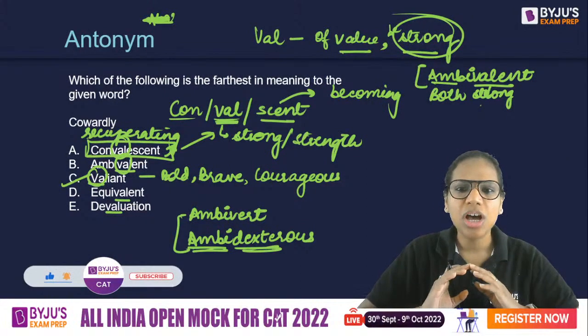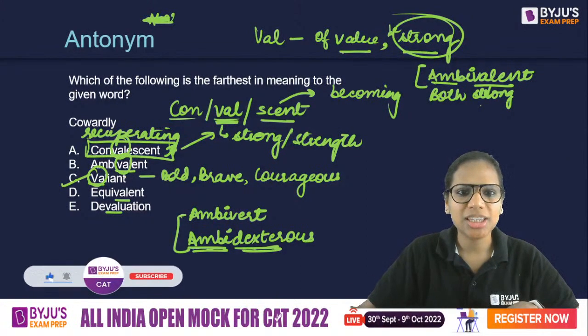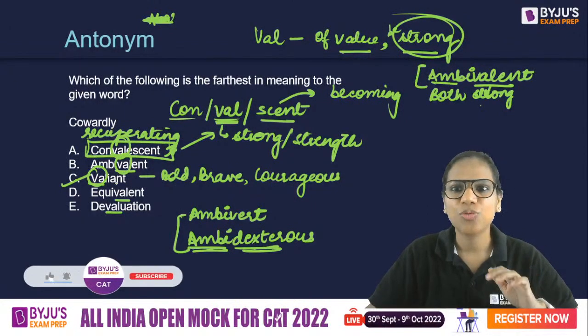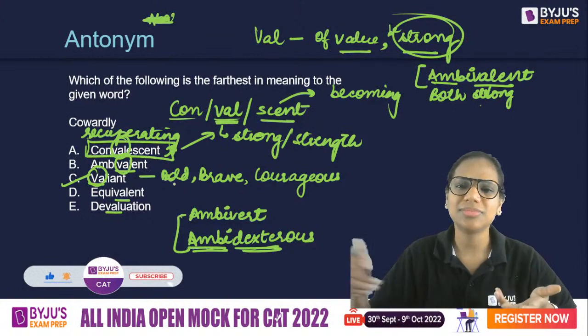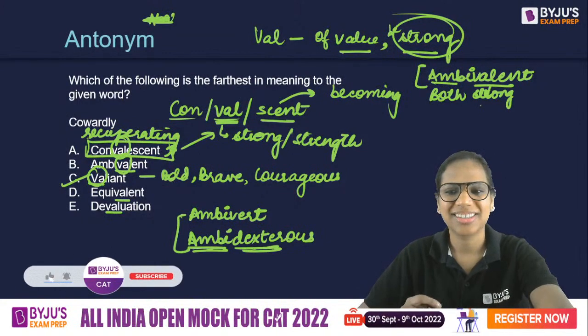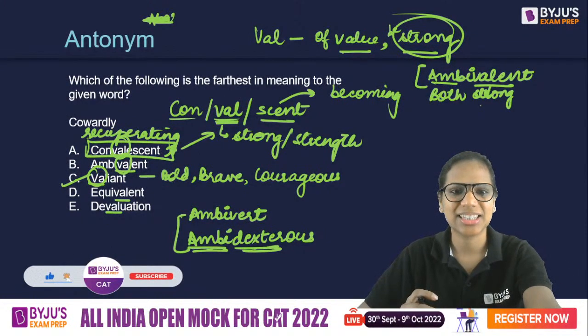So my point was that again this val here refers to strength: convalescent, ambivalent, valiant, equivalent. What does equivalent mean? If I say A is equivalent to B, yes.